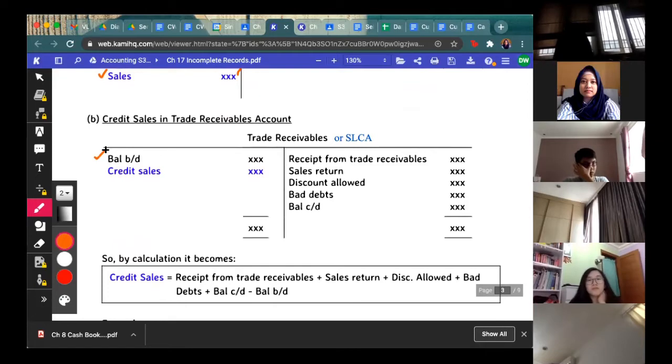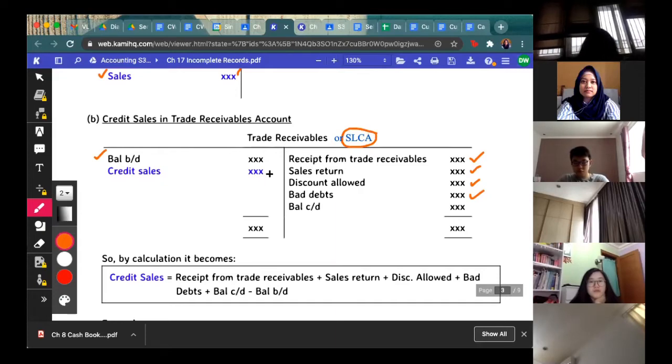There's no abnormal balance BD here, so I ignore it. Receipts is the important one also. Sales return here, discount allowed here, bad debts here. If there's anything additional, maybe you can have interest charged over here. But the point is, you must remember SLCA. Otherwise, you cannot find the credit sales.